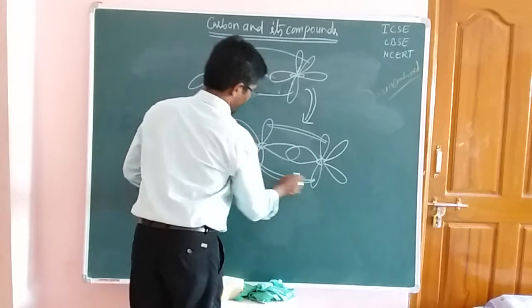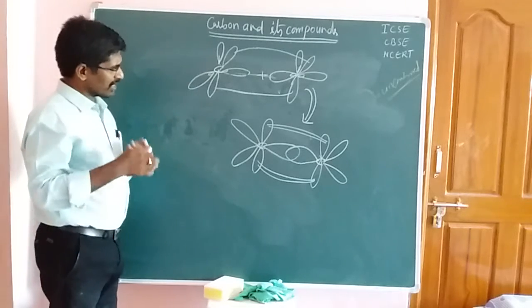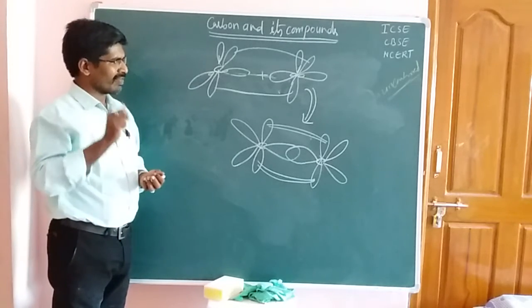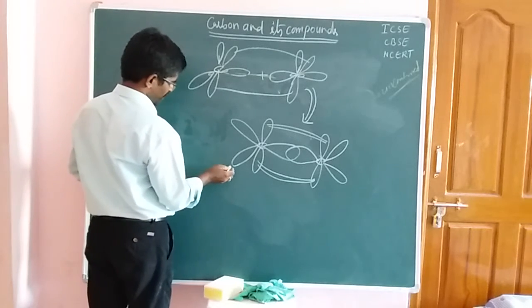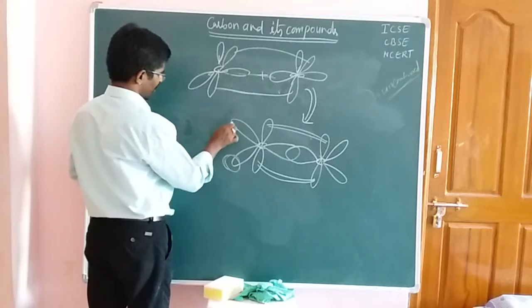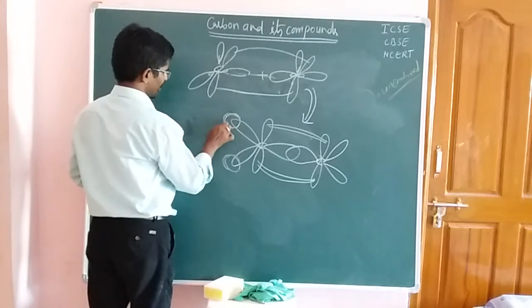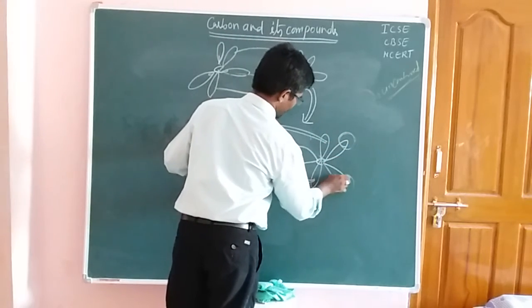And here again this orbital is combined with the s orbital of 4 hydrogen atoms. Those 4 hydrogen atoms combined with this one can form the sp3 s orbital, and here also the same sp3 s orbital.